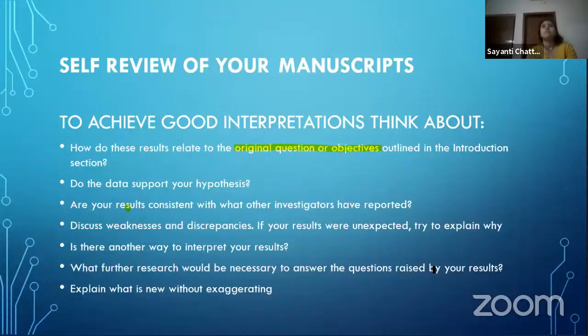If you are a new researcher, choose such a topic so that you can do more research. Okay, and explain what is new without exaggerating. Write your novelty in a crisp manner. It will be better if you write your novelty in bulleted form.